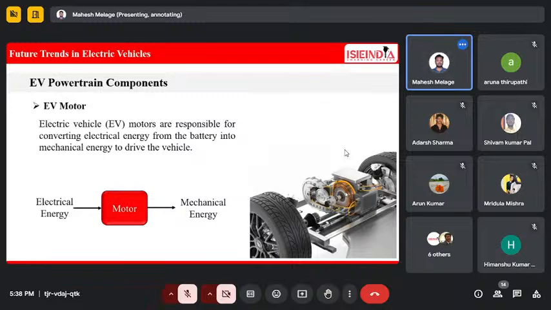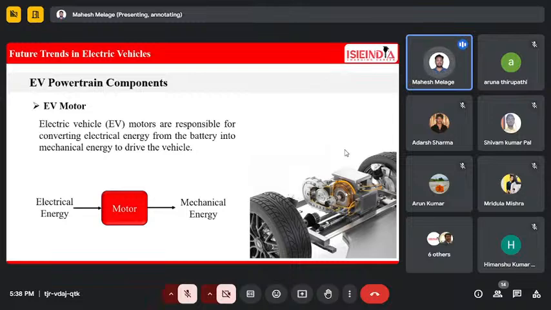Okay. Most two-wheelers use the outer runner motor, meaning the outer part is rotating and the middle part is stationary. Like TVS iQube and Hero Optima. These use the outer runner motor.